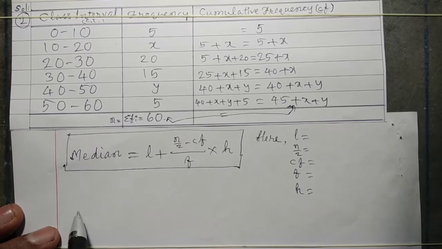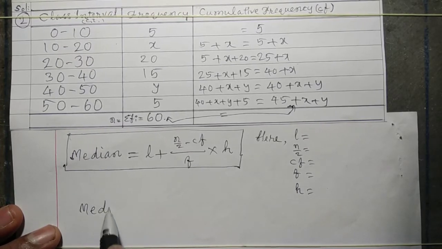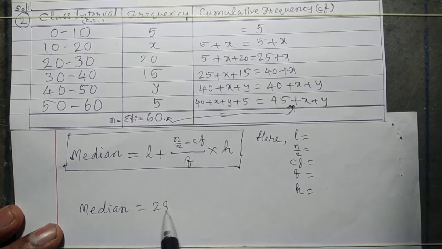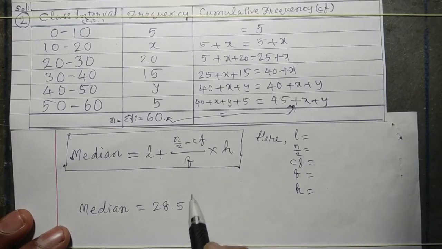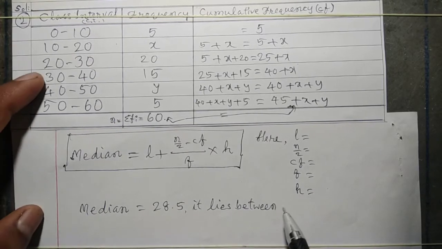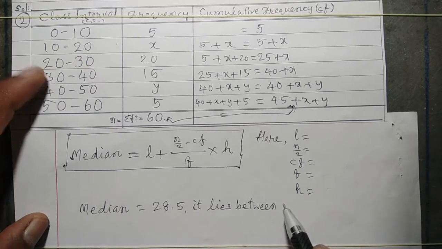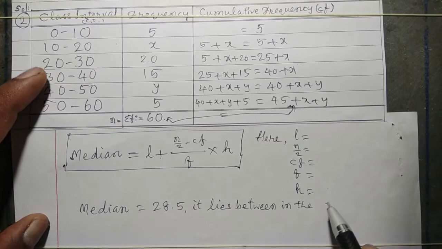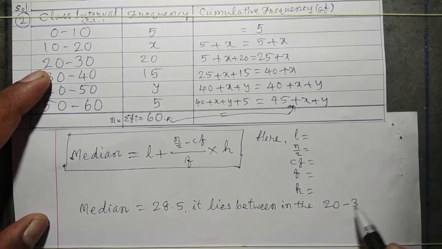The given median 28.5, given in the question, lies in the class interval between 20 and 30.